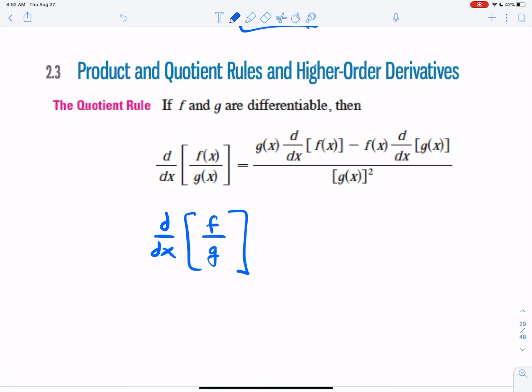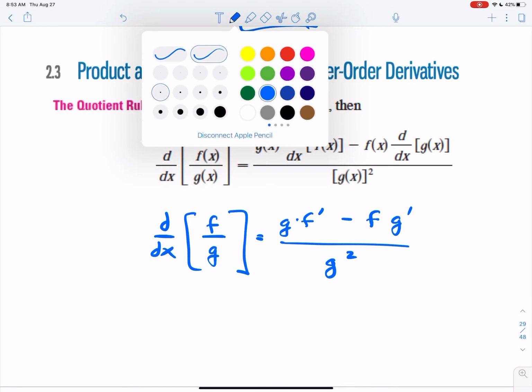And if you're taking the derivative of a quotient, you have to apply the quotient rule, okay? So it's going to be g f prime minus f g prime all over g squared. Okay, just write that down first, and then I'll teach you how to memorize this here, okay?